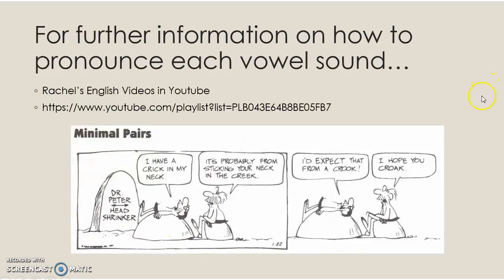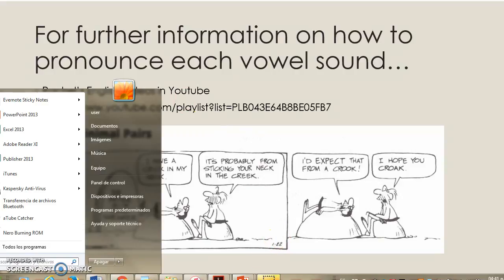If you want more information on how to pronounce each vowel sound, with a very interesting and visual representation of what the mouth, the tongue, and the jaw look like when you pronounce them, go to this website, Rachel's English Videos on YouTube. I'm going to show you.